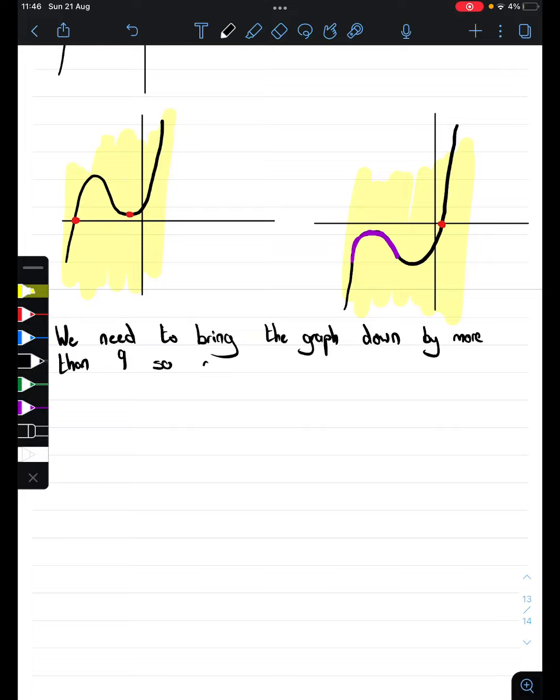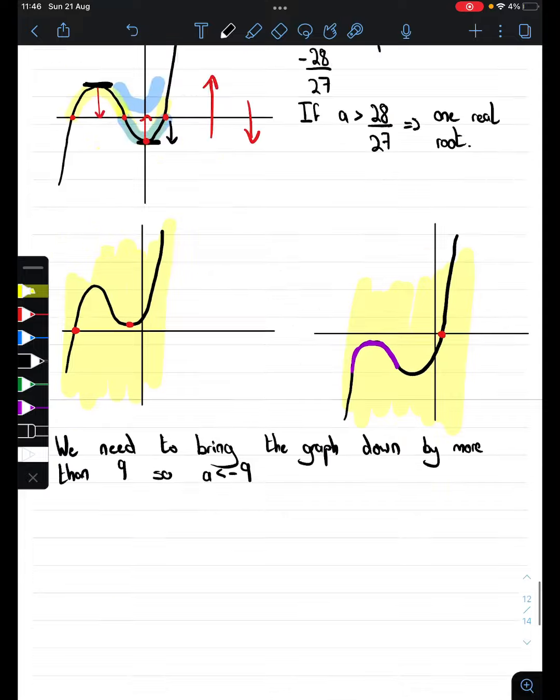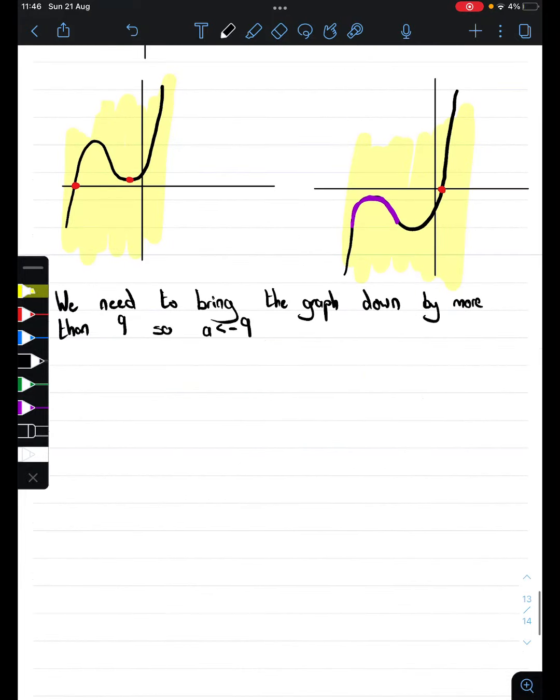So a is less than -9 in this sense. We're bringing it down more than 9. And in that case, if a is less than -9, we have one real root.